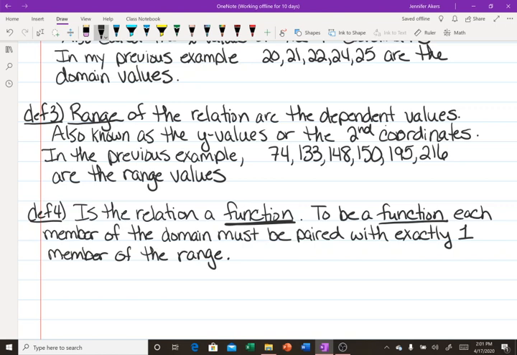Another way to say it: each x must be paired with only one y. The statement does not work in reverse. It's only forward. Each x must be paired with only one y.